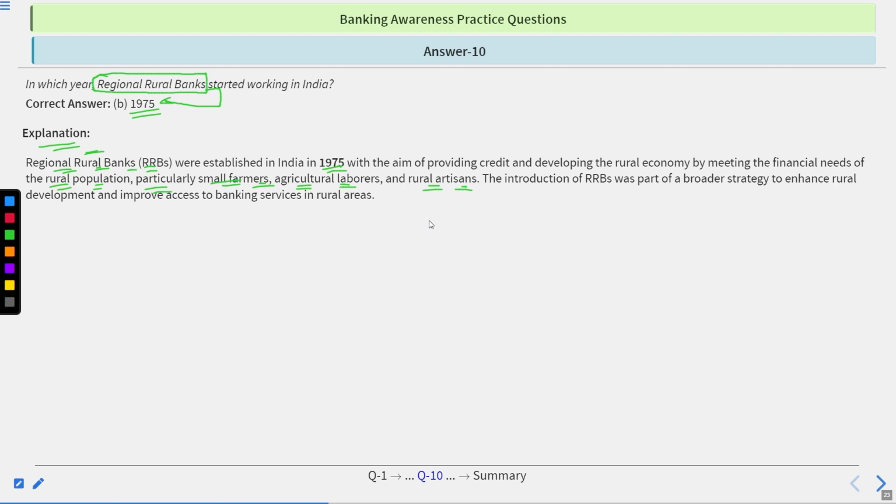The introduction of RRBs was part of a broader strategy to enhance the rural development and improving the access to the banking services in rural areas.